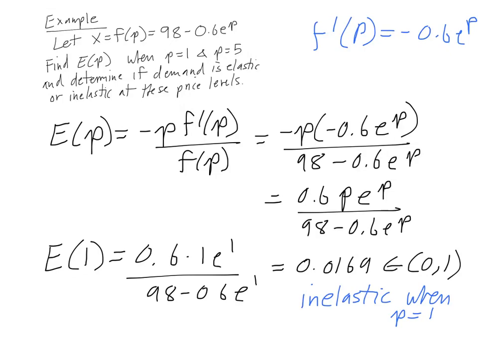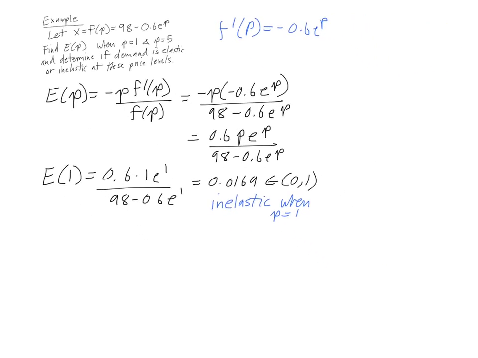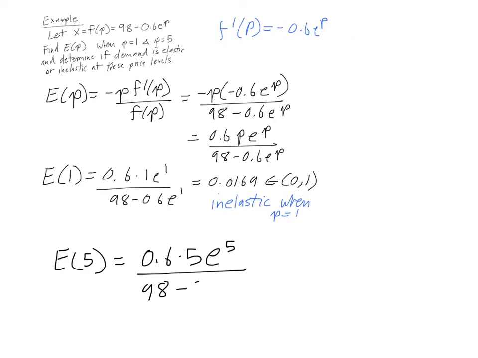On the other hand, E of 5 is equal to 0.6 times 5 times e to the 5th divided by 98 minus 0.6 e to the 5th, which, if we go to a calculator here, we'll have 49.74, which is greater than 1.